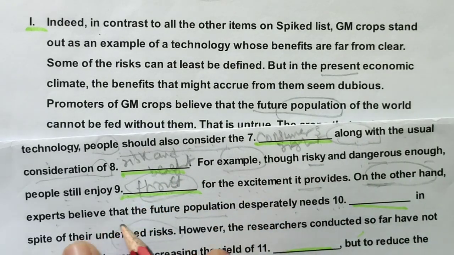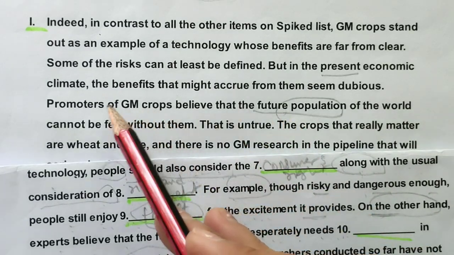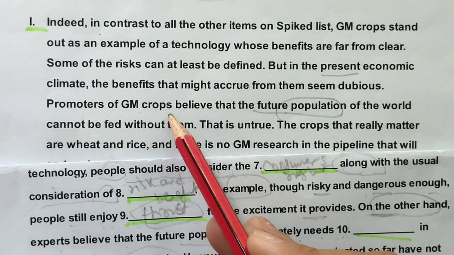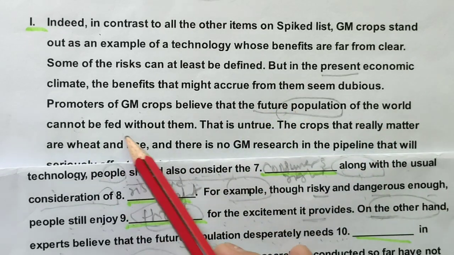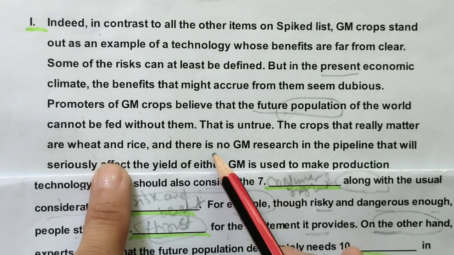Okay, experts believe that future population desperately needs future population. Promoters of GM crops believe that future population of the world cannot be fed with them. The crops that really matter are wheat and rice.